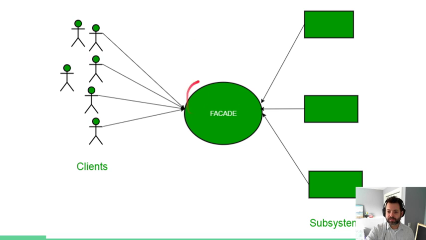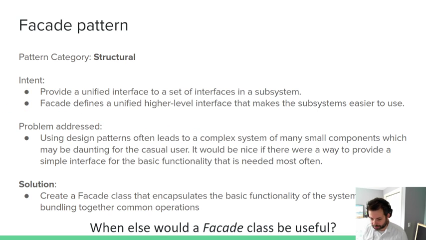The key difference here is that you have a facade class. Note you don't see clients interacting with each individual subclass, each individual subsystem. They only ever talk to the facade. So what this basically gets you is a unified interface to your system, right? It's your front end, you might consider.